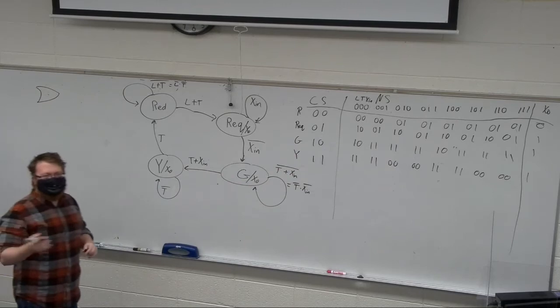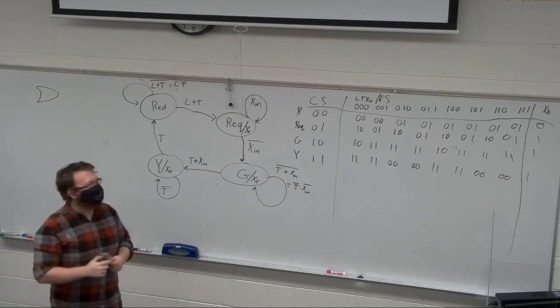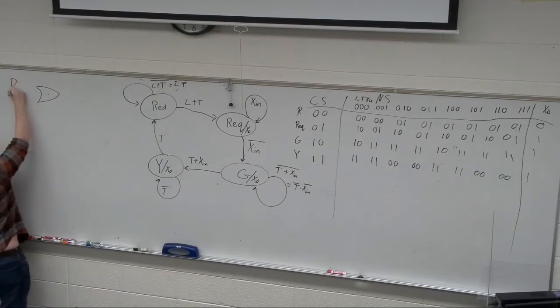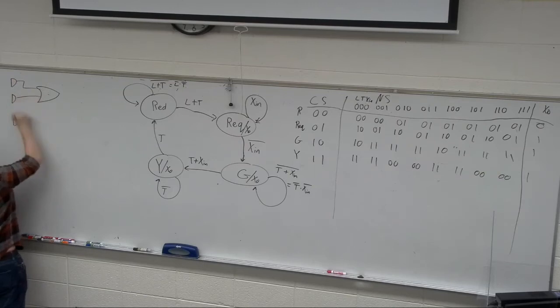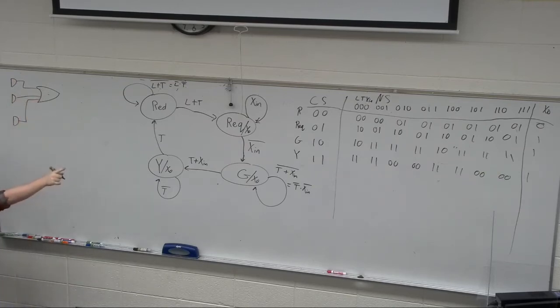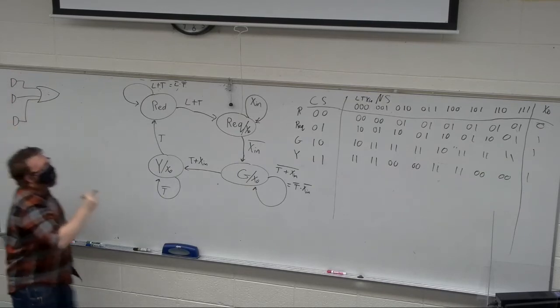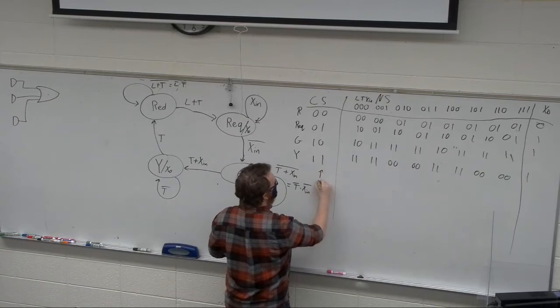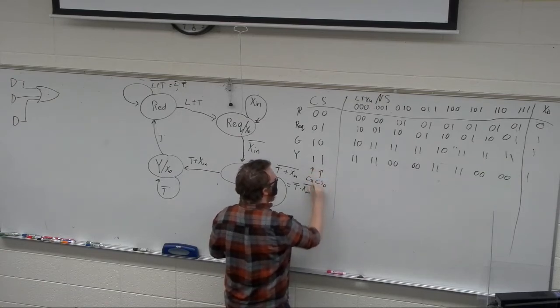So the brute force way of doing this is saying, if I have any of these inputs, we would label this bit as CS0 and this bit as CS1.